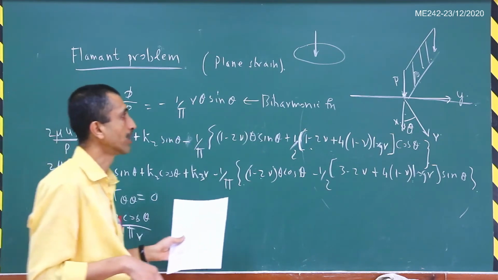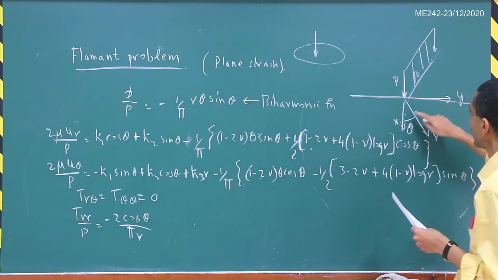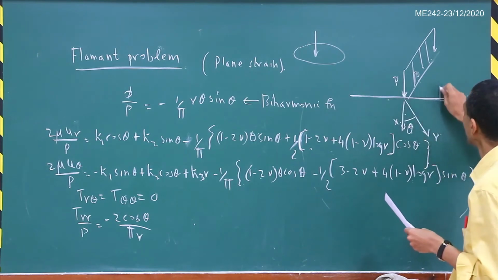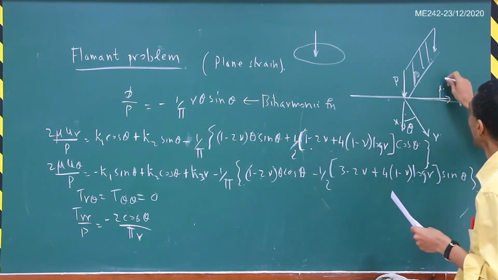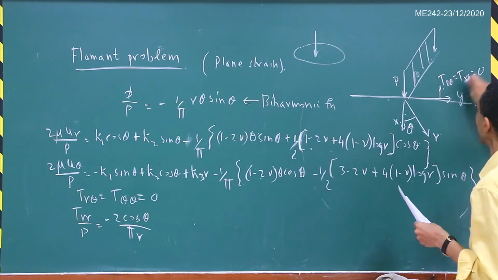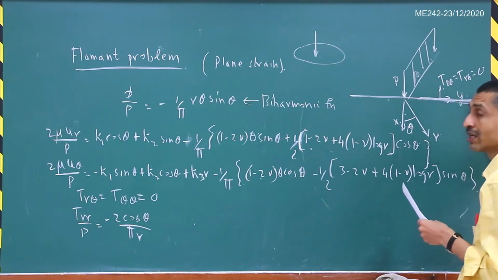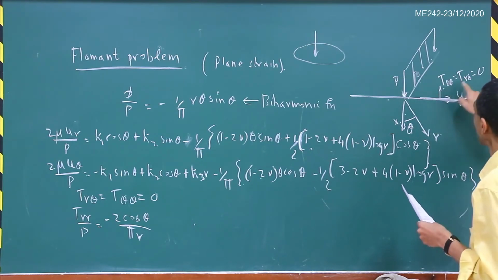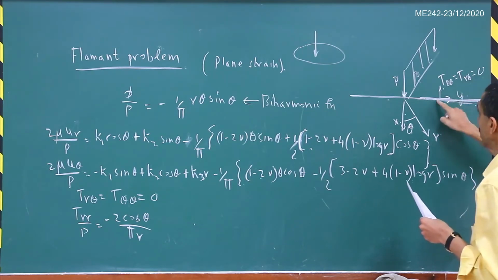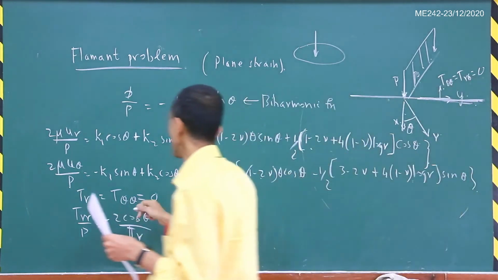On this boundary, at theta equal to pi by 2 and theta equal to minus pi by 2, we need that tau theta theta is equal to tau r theta equal to 0, correct? On this part of the boundary, there is no traction acting, so tau theta theta and tau r theta should be equal to 0 on this surface, and that boundary condition is automatically satisfied.